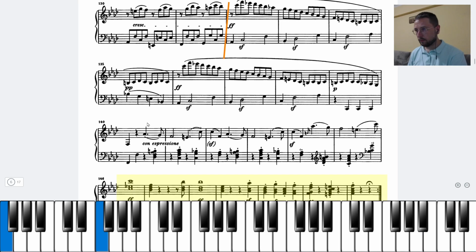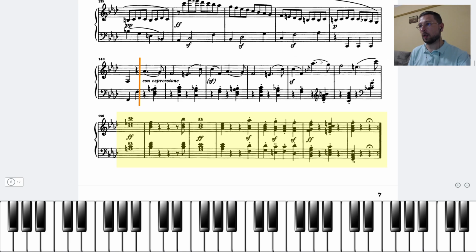After that, the codetta theme is presented. It works perfectly without any major change, and we arrive to this coda.